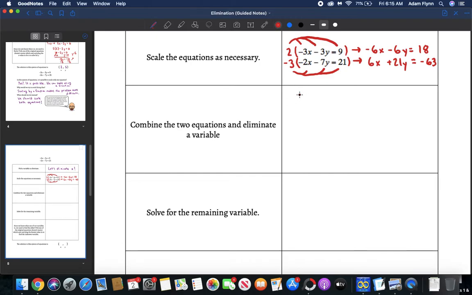So I'm just going to rewrite my two equations again. -6x plus 6x will cancel, it will eliminate. -6y plus 21y is going to be a positive 15y.